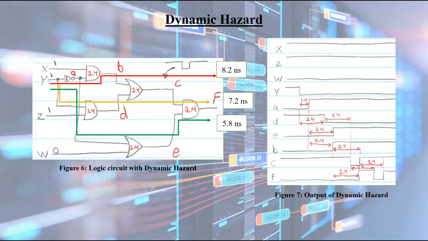By this, the output of this circuit transitions back to 0 before settling at 1, instead of making a smooth transition from 0 to 1. This is known as dynamic hazard.